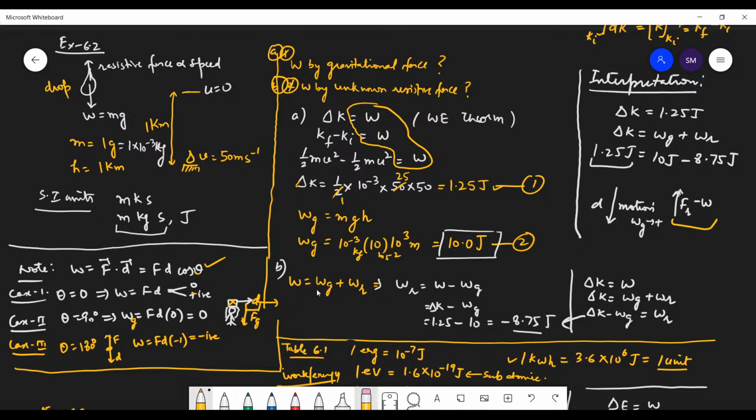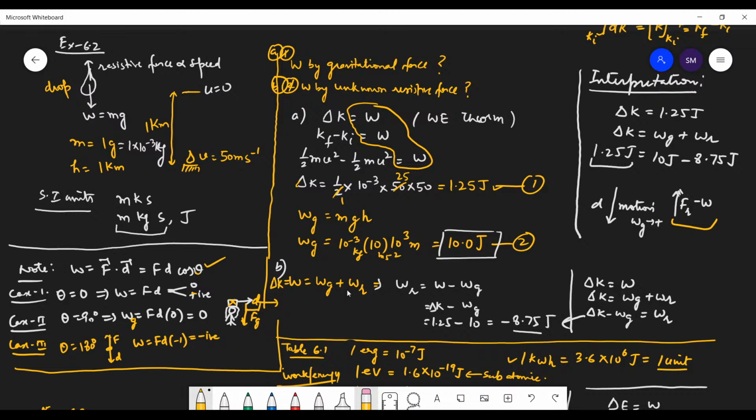Now the total work done is the work done by the gravitational force plus the work done by the resistive force, and that equals delta K. So delta K equals work done, where W is the work done by the gravitational force acting downwards plus the work done by the resistive force acting upwards.